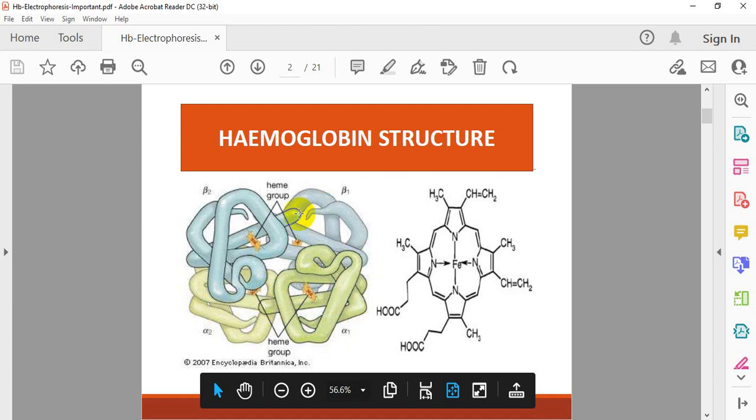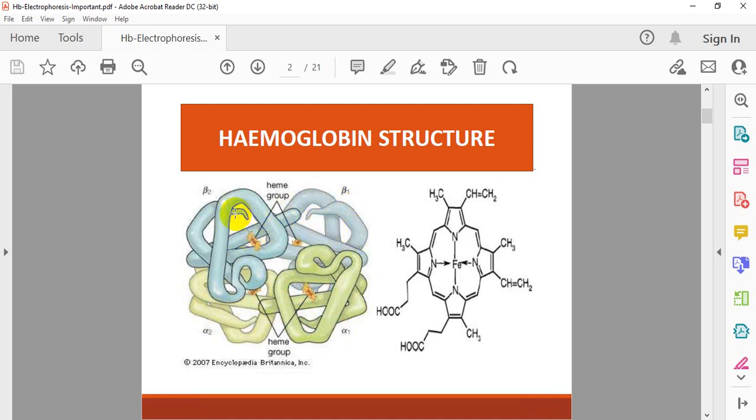Then we have the blue or the ash color representing beta globin chains. So this is the actual molecular structure. We have iron, which is sequestered over here. This is the iron. And what is around this one, we call it the heme, and it's composed of porphyrin. You will learn that one later when you do hematology proper. Okay, so let's continue.